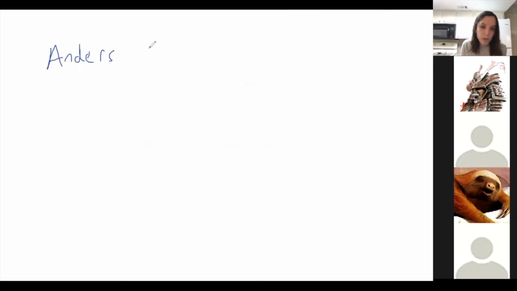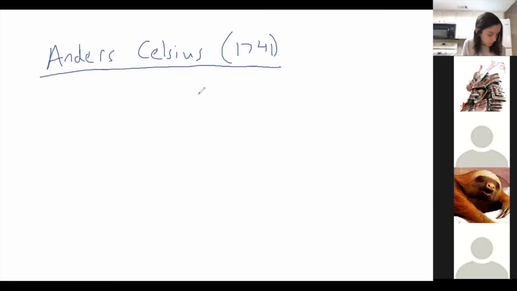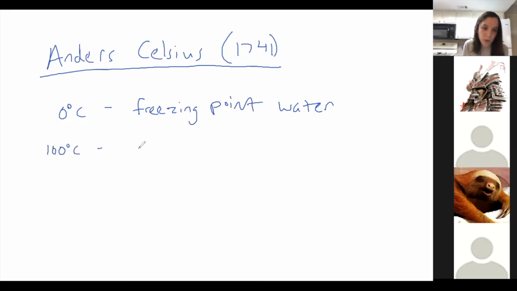Let's look at temperature scales. There's Celsius. We'll start with that one. In 1741, Anders Celsius invented the Celsius scale. And what he said is that 0 degrees Celsius is the freezing point of water. And then 100 degrees Celsius is water's boiling point.